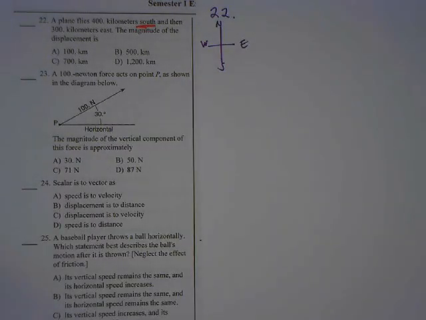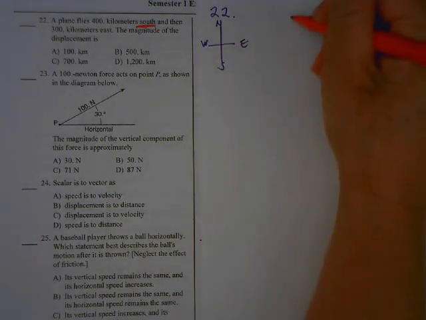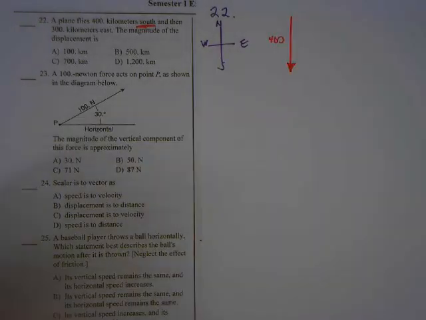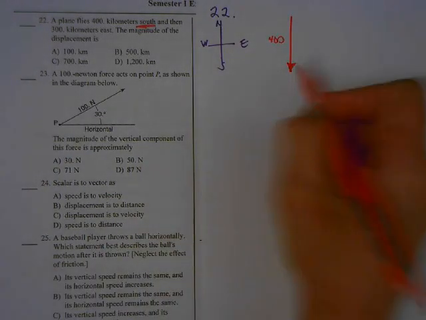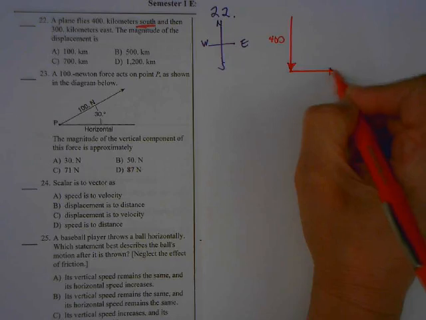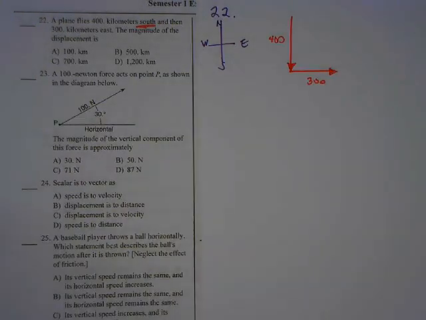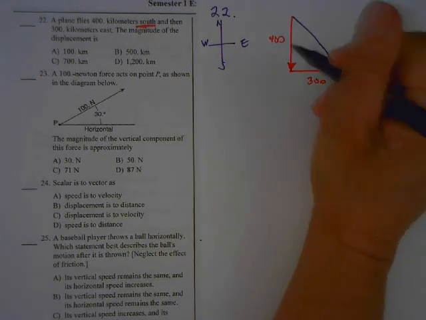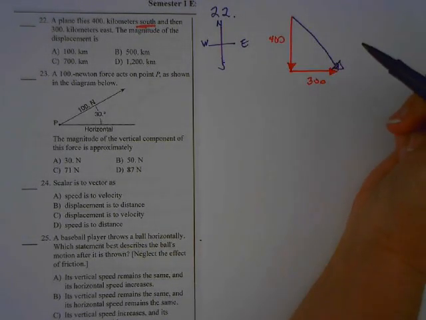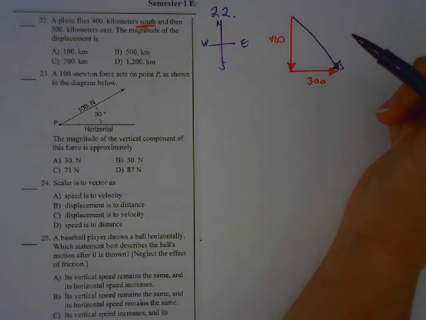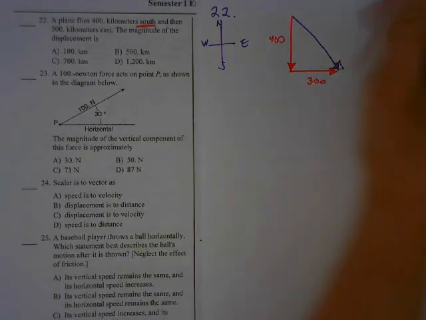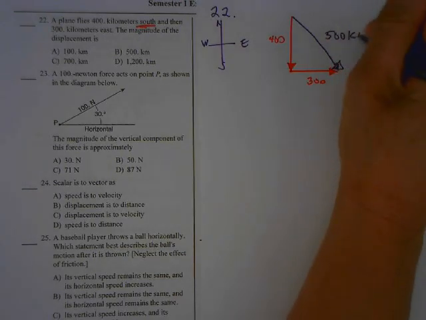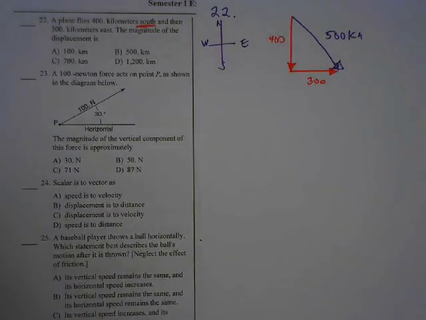So if I'm flying 400 kilometers south, I just start somewhere, that's 400. Then 300 kilometers east. So from the head of that vector, I do the tail of the other. From where I start to where I end up is my resultant. This is a 3, 4, 5 triangle, so I don't even need a calculator. So I know that this is just 500 kilometers. So that's my answer here, which is B.